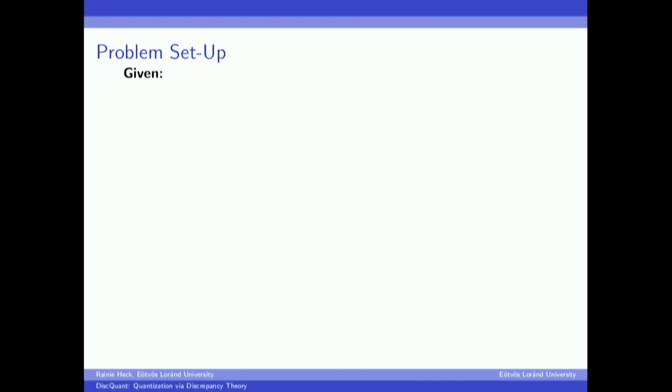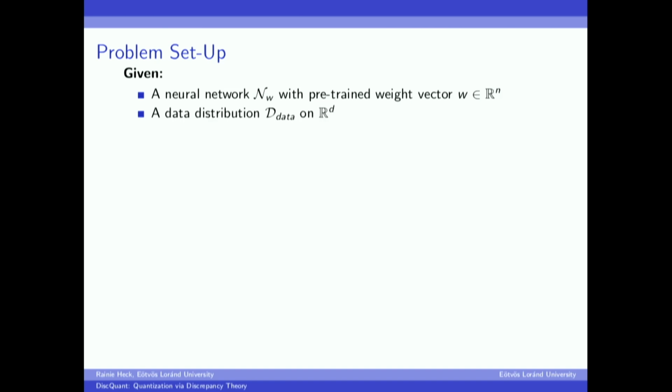So what does this have to do with quantization? Well, we can formulate our problem using kind of a discrepancy theory type language. So we're going to be given a neural network with a pre-trained weight vector W in R^n. We're given a data distribution on R^d with m samples from the distribution, where we again assume that m is much, much smaller than n, which is the number of parameters of our model.